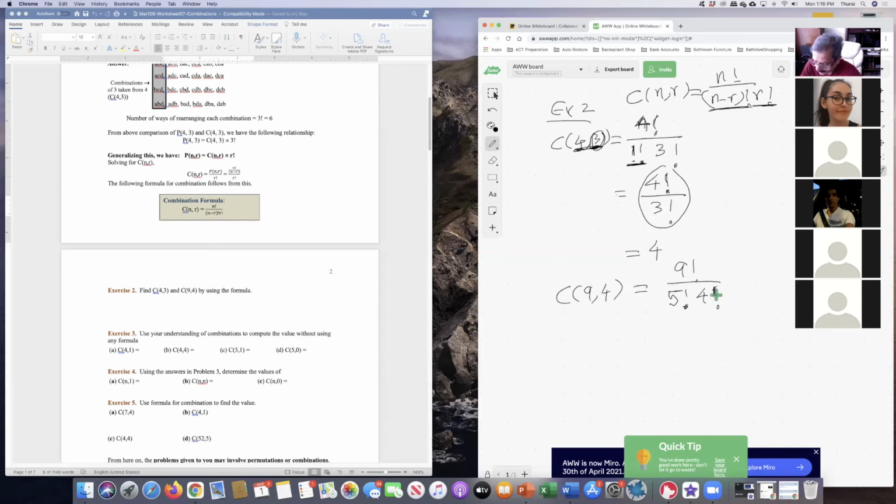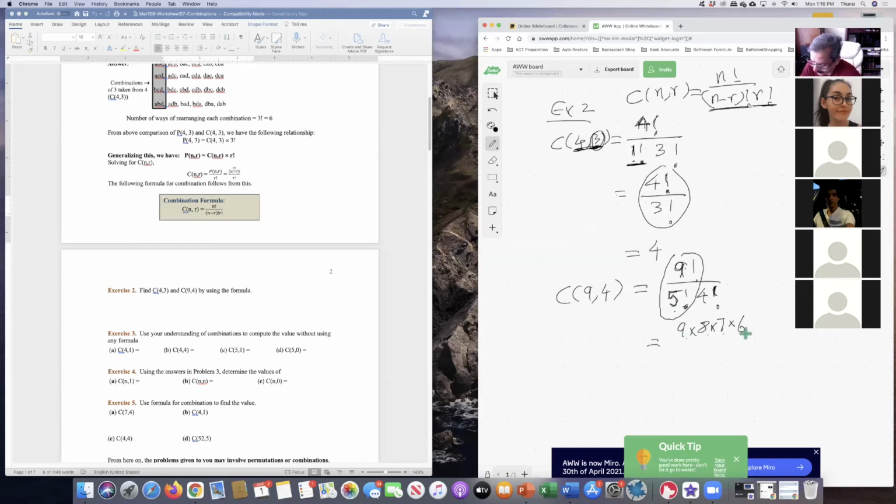Now, to simplify this, we learned how to simplify expressions like this. You should take the larger factorial in the denominator combined with the 9 factorial in the numerator. So this can be simplified into 9 times 8 times, where do I start? 6. So this division is equal to 9 times 8 times 7 times 6.